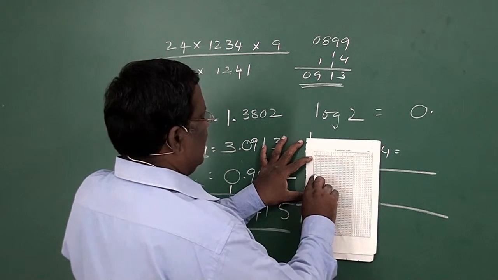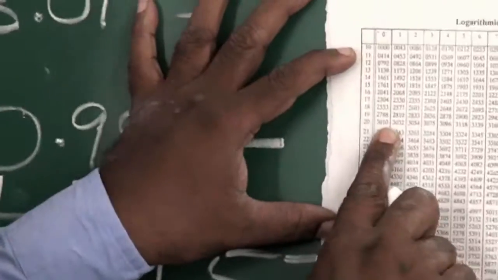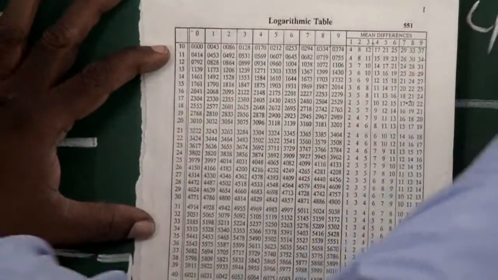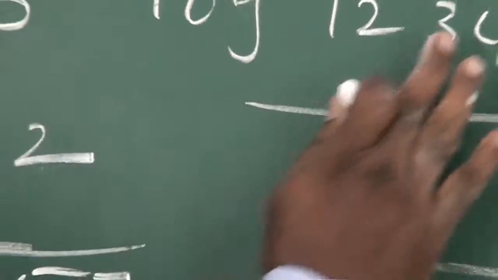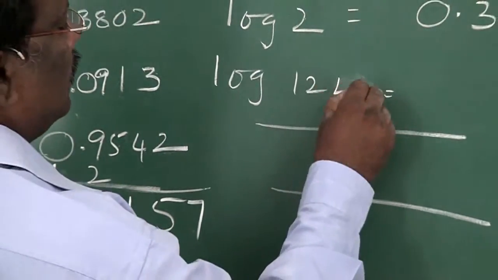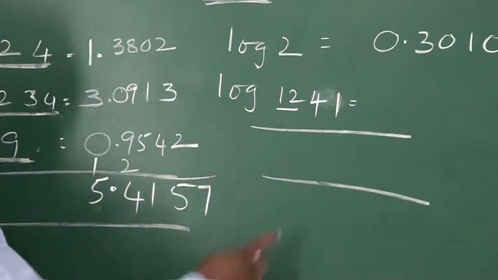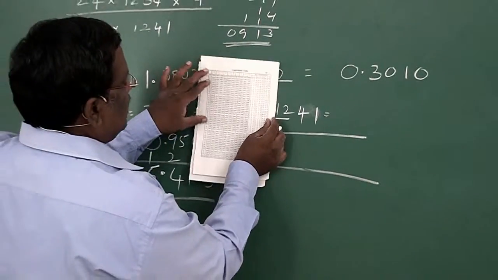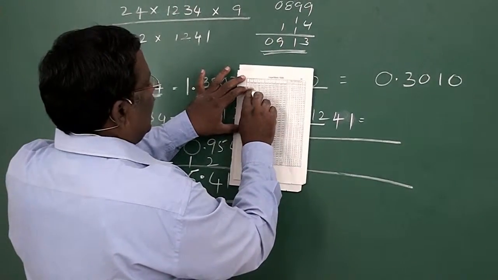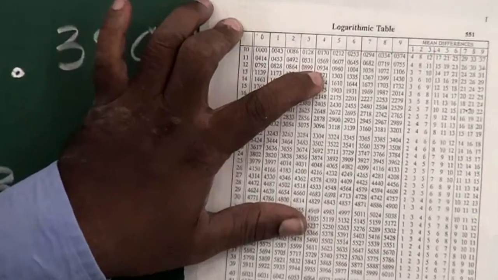So 20, 0: it is 3010. Now here you have 1 to 41. Sorry. 12 in the vertical column and 4 in the horizontal column. See here, 12 against 4 is 0934.